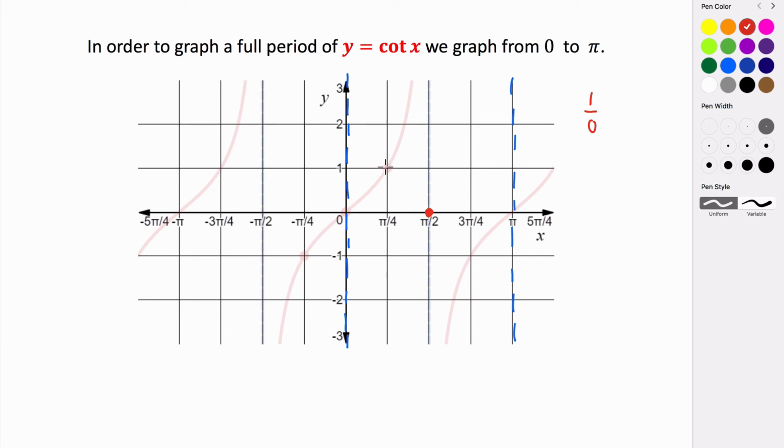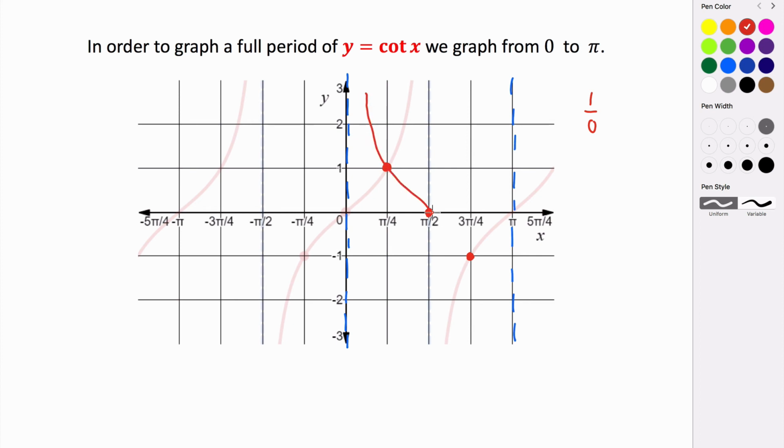Here at pi over 4, its value was 1. So take the reciprocal of 1, we get 1. And then at 3 pi over 4, it had a value of -1. Take the reciprocal of -1: 1 divided by -1 is -1. So it's here. And then it just looks like a mirror image of the tangent function.